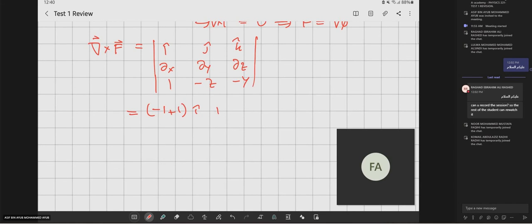Now minus j, this will give me 0 because partial x of y is 0. This will also give me 0. And the k-th component, this is 0, this is also 0. So at the end we'll get a 0. So we can conclude that f is conservative.